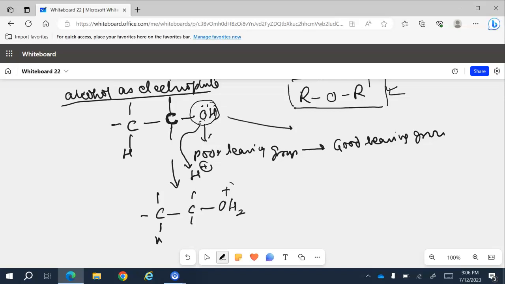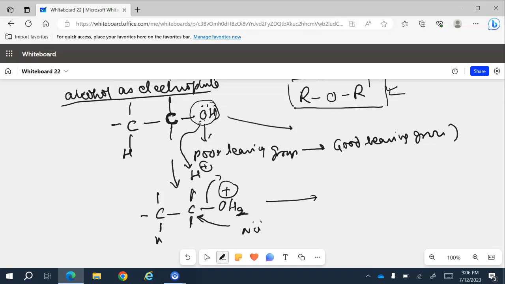OH2 plus will be the good leaving group, and this carbon can act as the electrophilic center, so that water can leave. So a nucleophile can attack here and water is leaving. That is one category of the reaction that can happen.